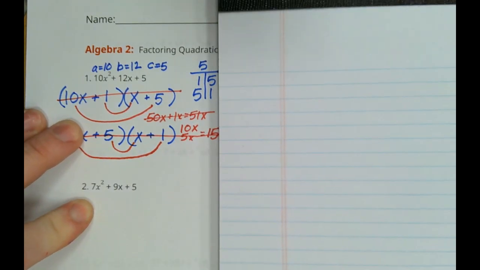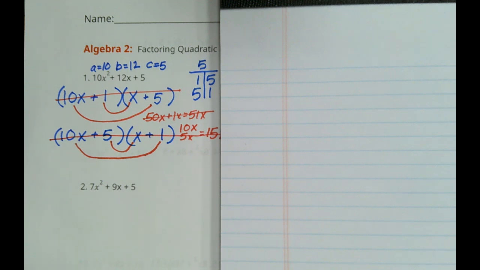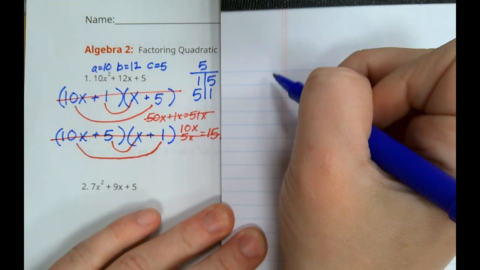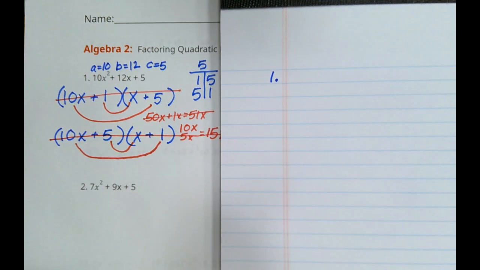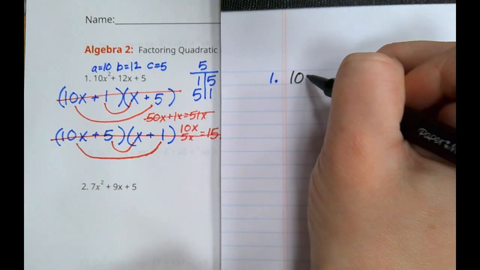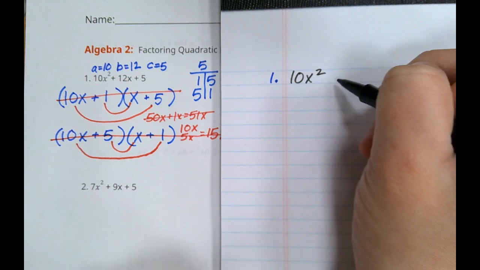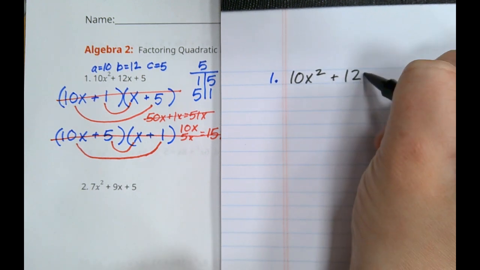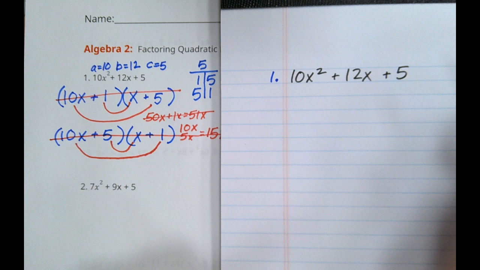So let's do this. We're still on number 1. I'm going to rewrite the problem just so I don't lose track of it: 10x squared plus 12x plus 5.